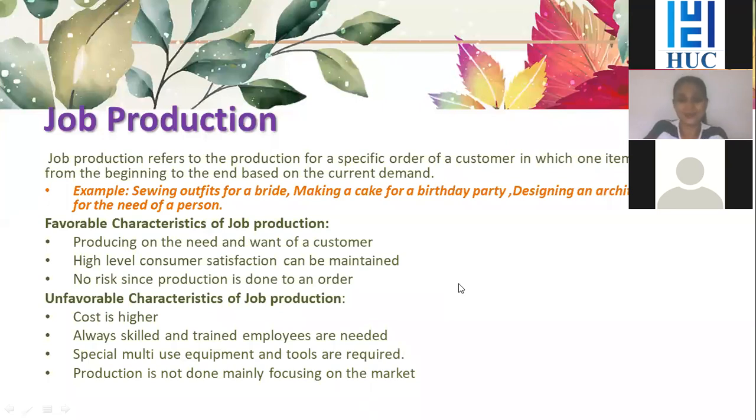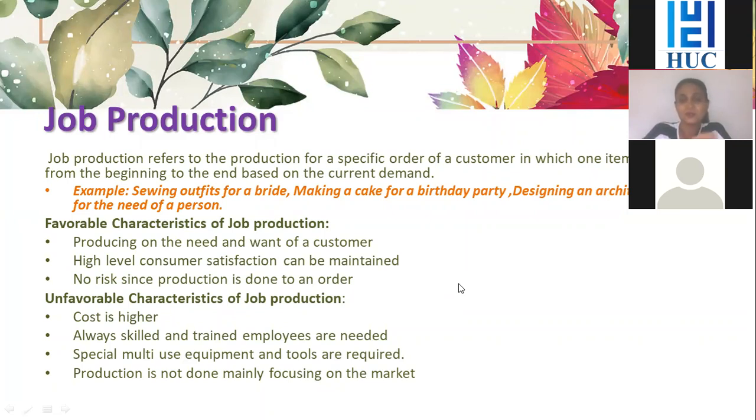There are some people making birthday cakes, so you give your order to that person. They are making the cake for your birthday, so it's customized, right? They are not making that birthday cake for another person. This kind of thing we call job production. That means they are producing one at a time.